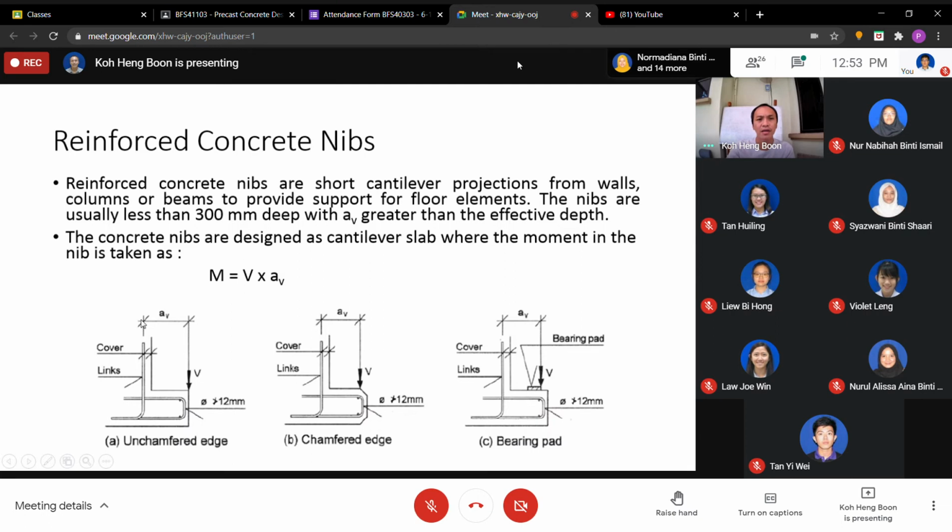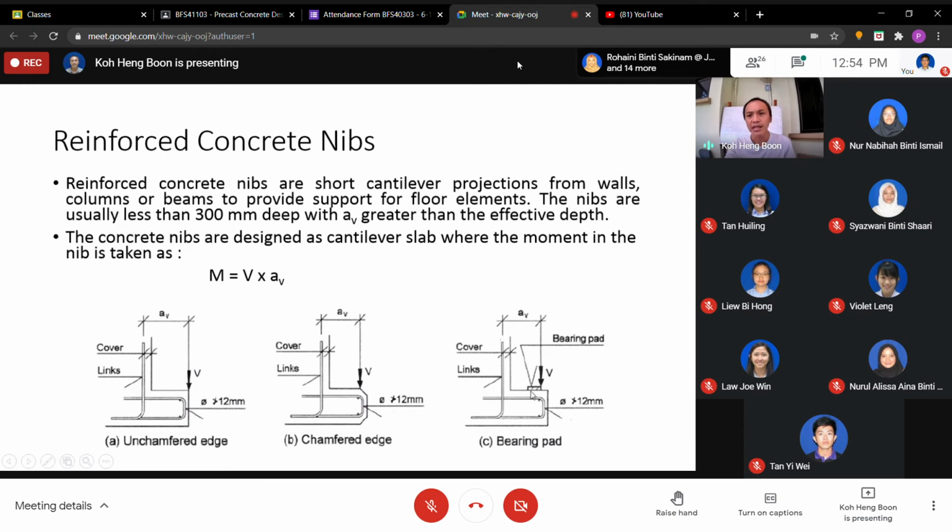Here, this is the AV. If without chamfer, something like this, the AV that we consider is to the outer corner here. If we chamfer, something like this, we take the AV starting from here.